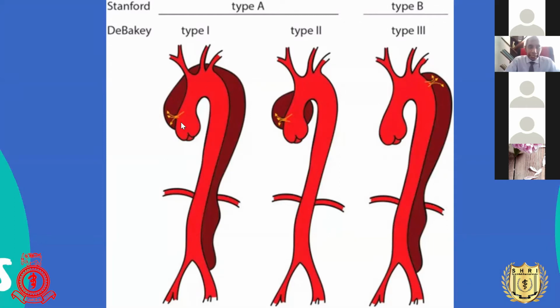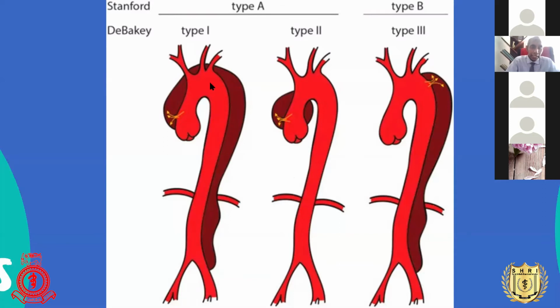Based on the affected part of the aorta, that can be divided into type A and type B. Type A means it is involving the ascending aorta, and type B means it does not affect the ascending aorta. The problem here is once this dissection propagates, on one hand, that will narrow the actual lumen of the aorta.